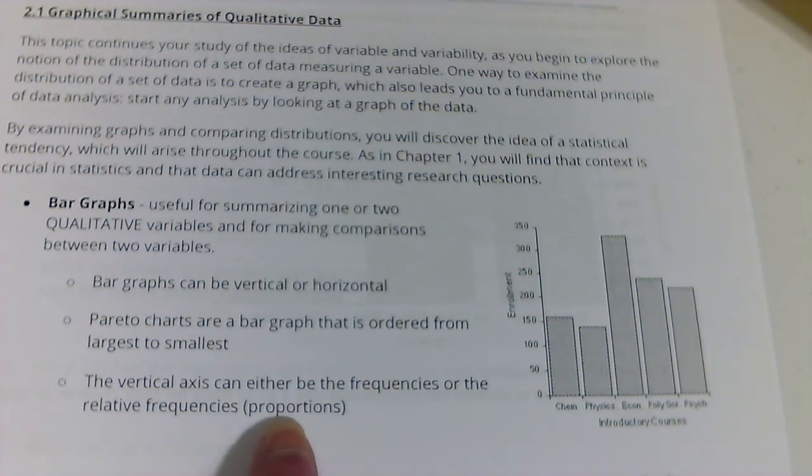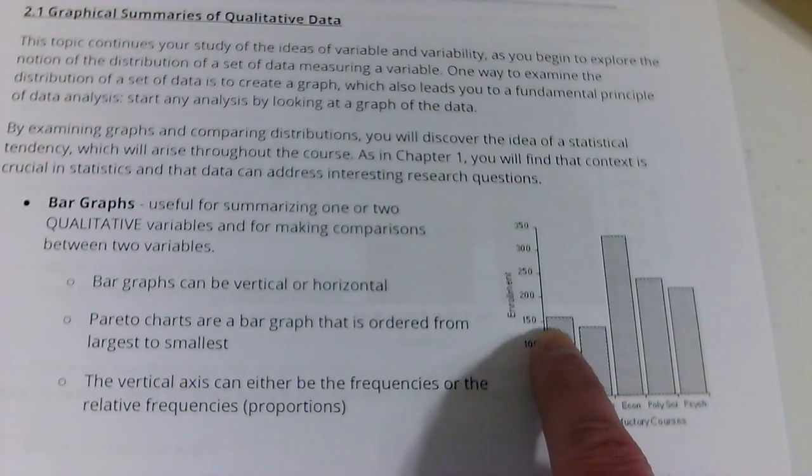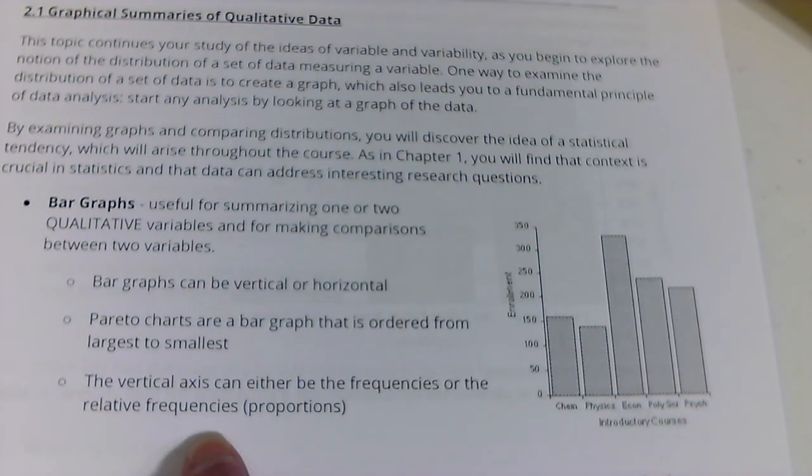And we can either have the markers here being the exact frequencies. Notice this one has the exact numbers, the counts of how many are enrolled in each of the courses. Or they can be what is called the relative frequencies. That would be the proportions or the percentages enrolled.